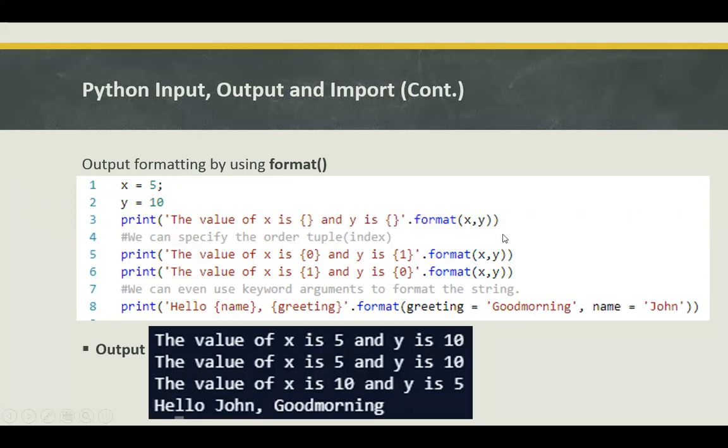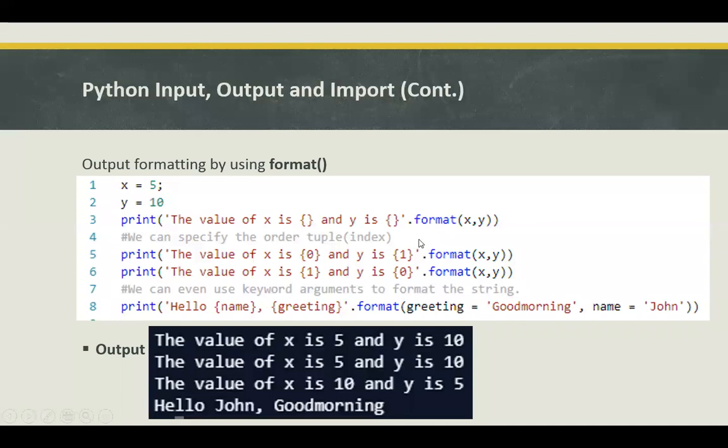So for that we use format, and the syntax is very simple: format, whatever values you want to print, x, comma, y. In the curly brackets, the first will take the first value and the second will take the second value. Suppose you want to interchange the values, like first print y and then print x. Yes, you can use the index value, here 0 and this one is 1.